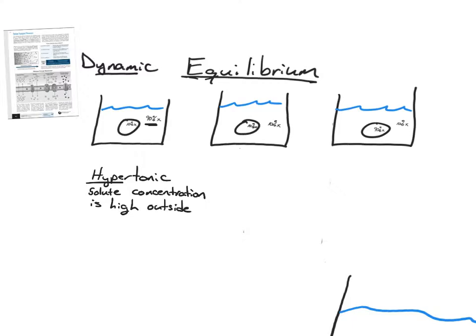We call it hypertonic, high outside. Hyper means high or above, right? Like when you're hyperactive, you're really active, right? High outside. When the inside and outside are equal, we say isotonic.